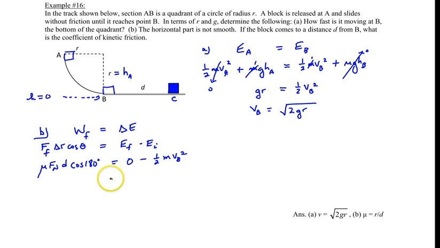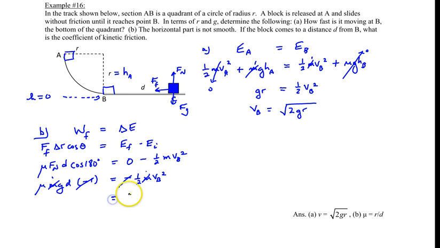So this right side is negative 1/2 mv_B squared. And the left side is now going to be, let's replace F_n with m times g, because the normal force will be balanced out by the force of gravity. Remember that friction will be acting backwards here. And then we have cos of 180, which is negative 1. So you'll see that these two negatives will cancel out. Okay, we're almost there. The mass will cancel out.